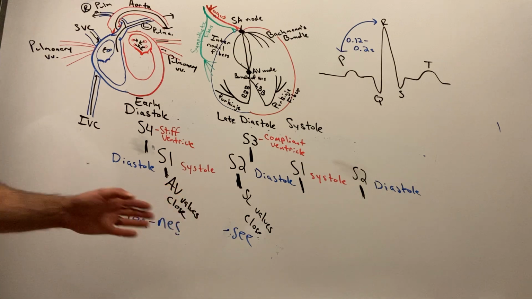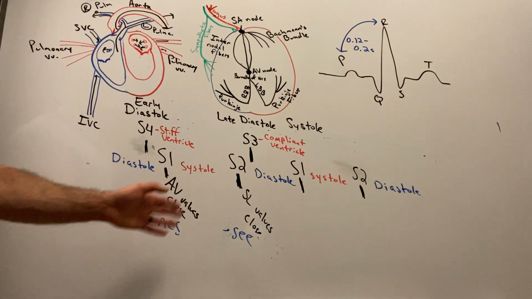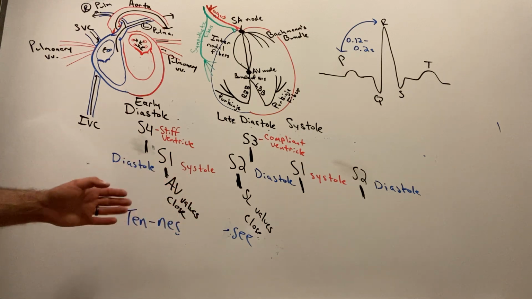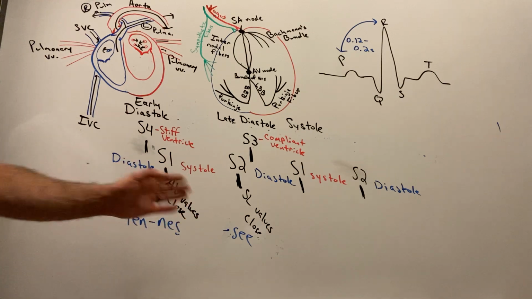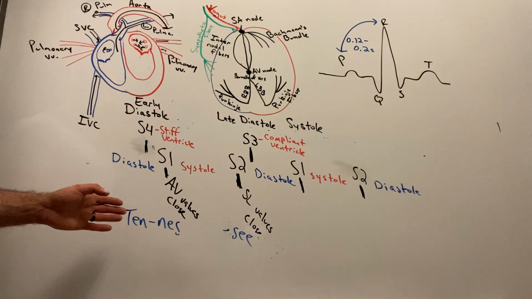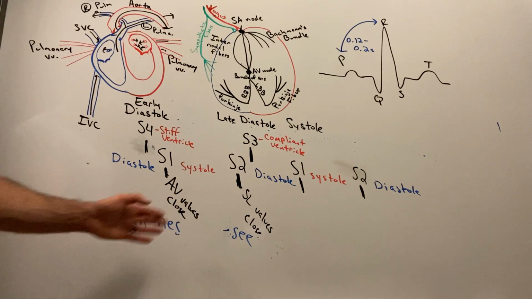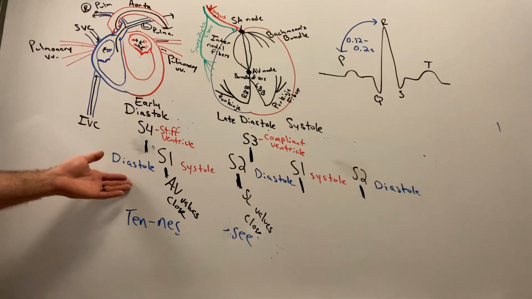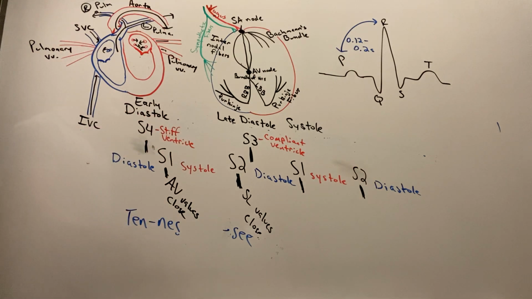If there's an S4, it would be Tennessee. So that's an S4, and that's an S3. So there's the Kentucky and Tennessee trick, which I'm sure I explained fantastically, okay?